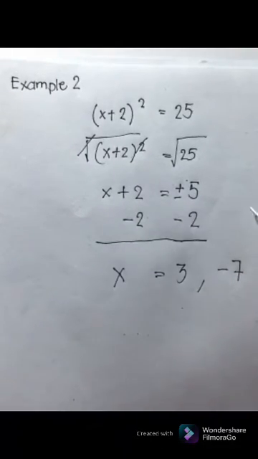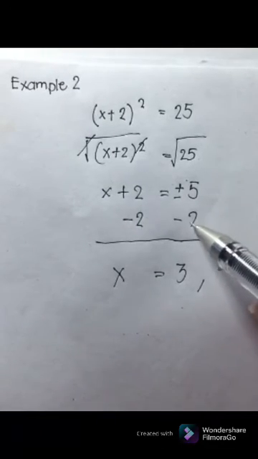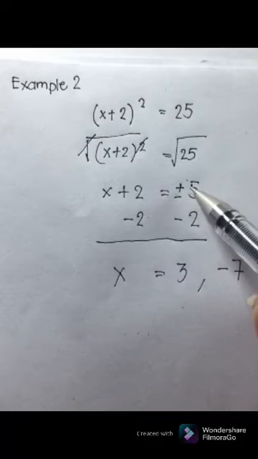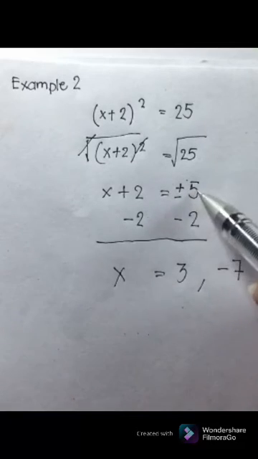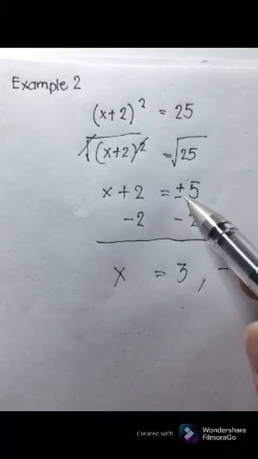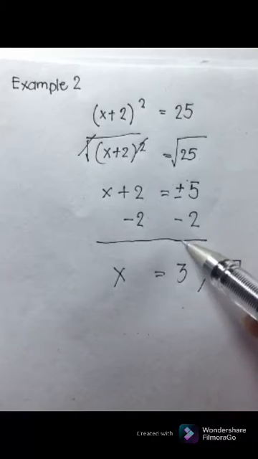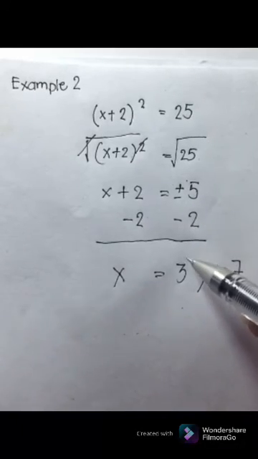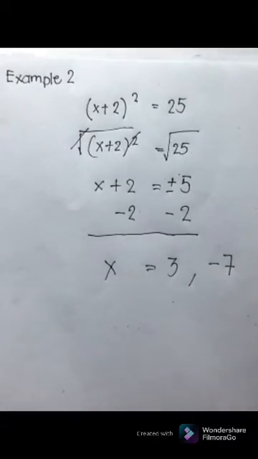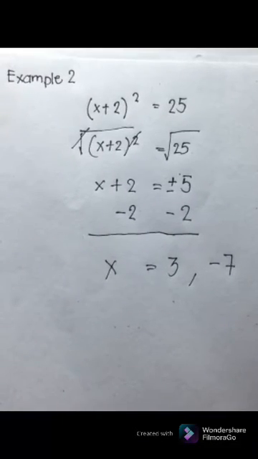When we have unlike sign, you're going to subtract. If we have the first positive 5 and negative 2, we're going to subtract 2 from 5. And if we have negative 5 and negative 2, that is the same sign. So you're going to add and then copy the sign. So that means our value for x here is 3 and negative 7.